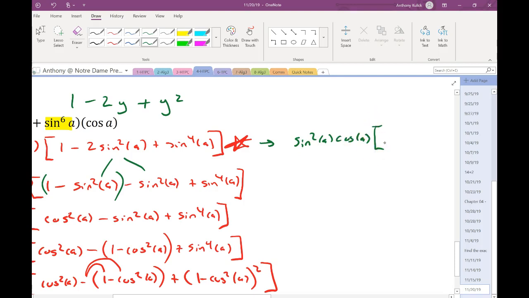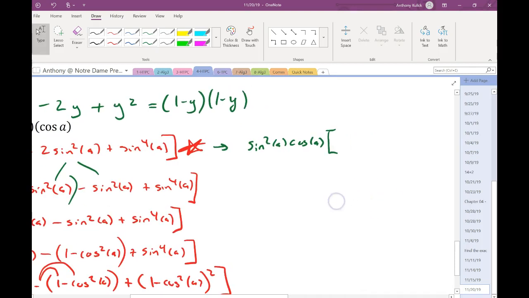And now this piece is going to factor into 1 minus y times 1 minus y. And if y is sine squared, what I have is 1 minus sine squared a squared. Everybody's okay with that?